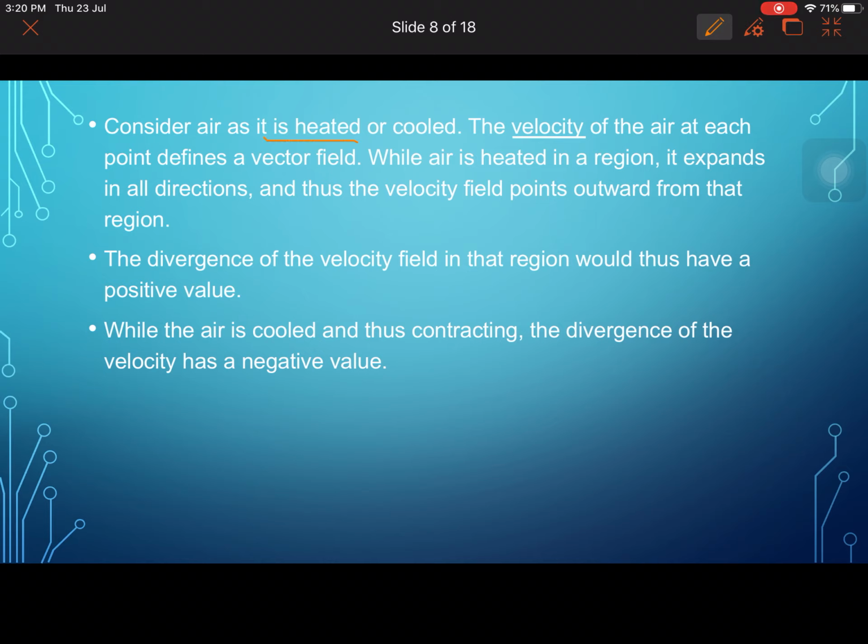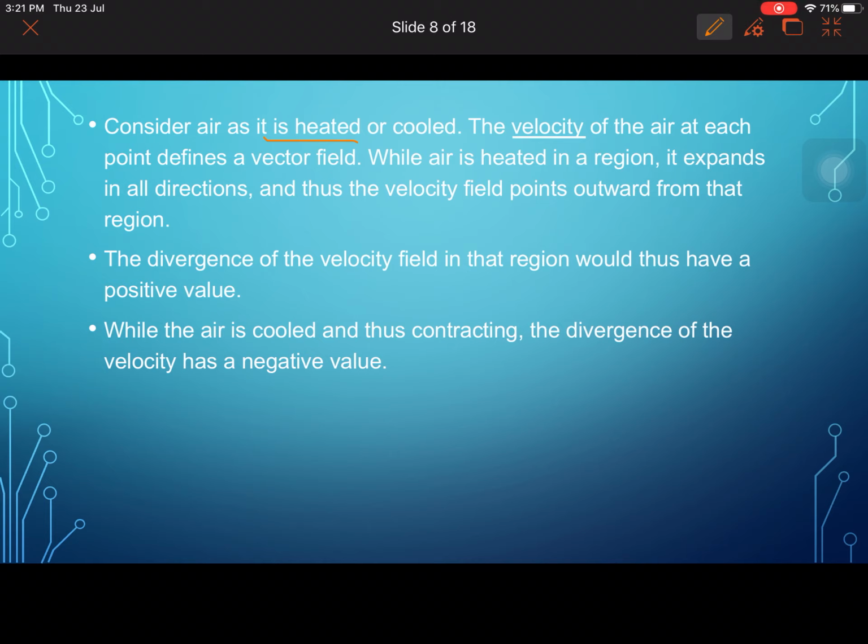The velocity of the air at each point defines a vector field. Of course, we know that velocity; even in the second class we discussed the vector functions, the thief and the cop picture. We know the direction, so it is a vector field.